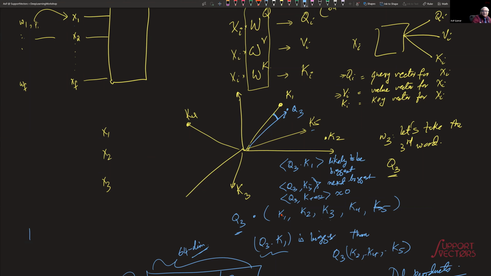Think of Ki as the address, or location, of the word Wi in this vector space. That's what we are saying.